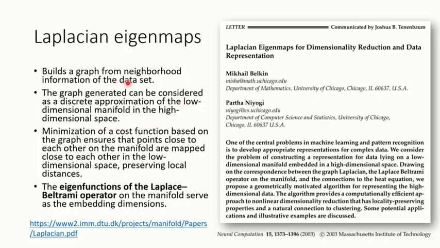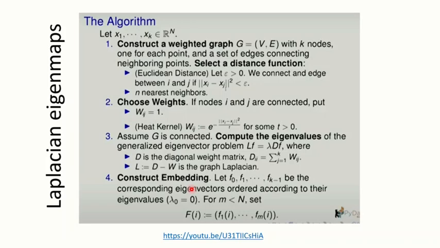Then it uses a slightly different strategy to translate the problem into an eigen decomposition problem, applied to this matrix after Laplacian transformation. We will see how this is done. So this is the structure of this algorithm.